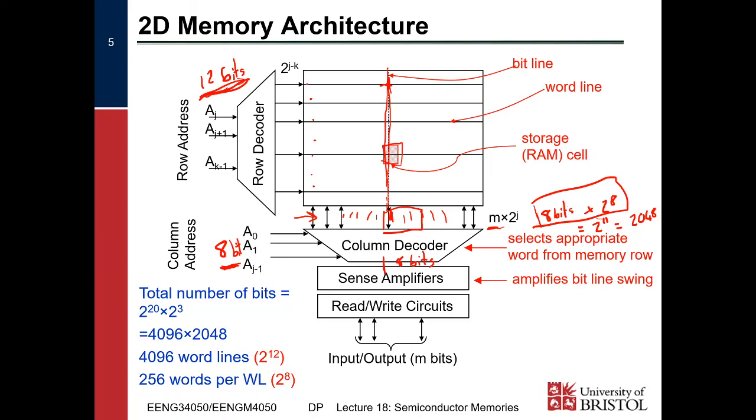Then your row decoder only enables one of the 2 to the 12 items in each column. And then your column decoder selects one of those 2 to the 8 entries. So in total you have 2 to the power of 8 multiplied by 2 to the power of 12 entries in your entire 2D memory.